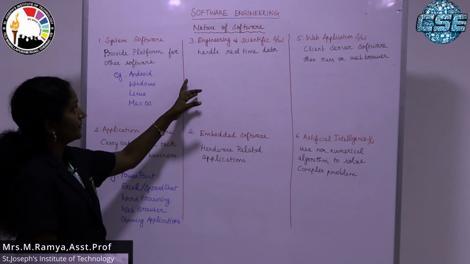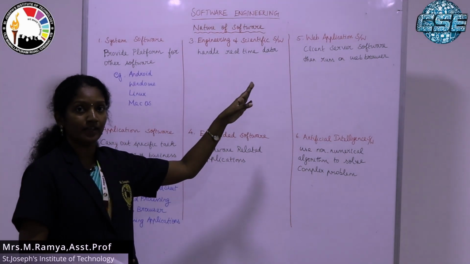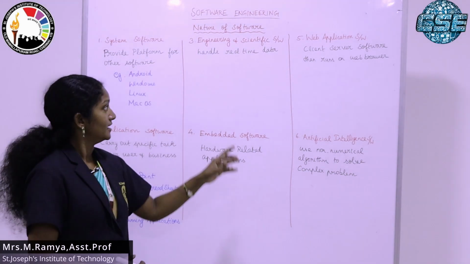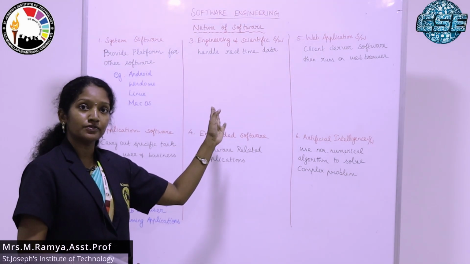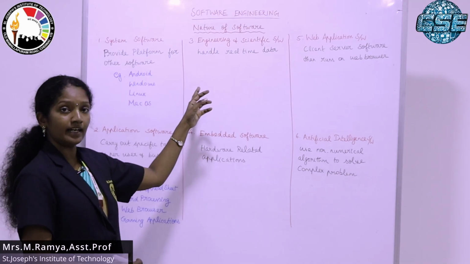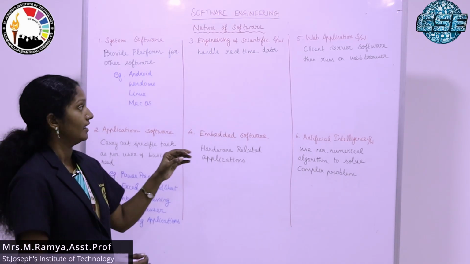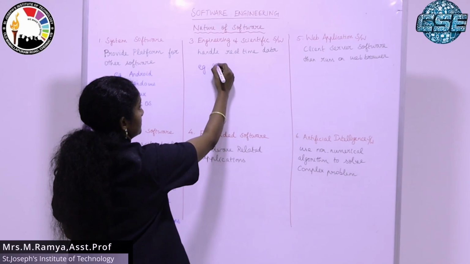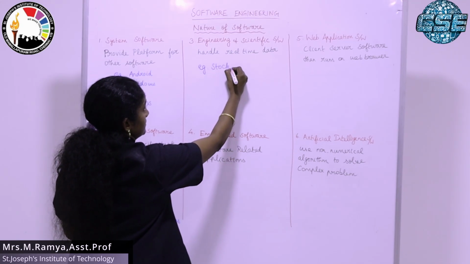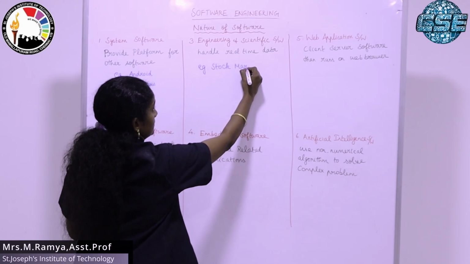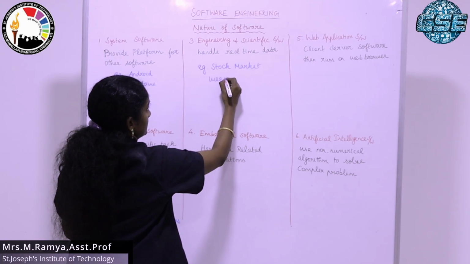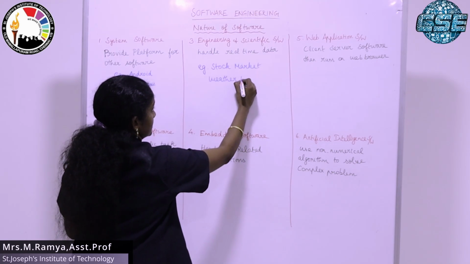The next one is engineering and scientific software. This is software that is used to handle real-time data. Those softwares are called engineering and scientific software. For example, stock market, weather forecasting.